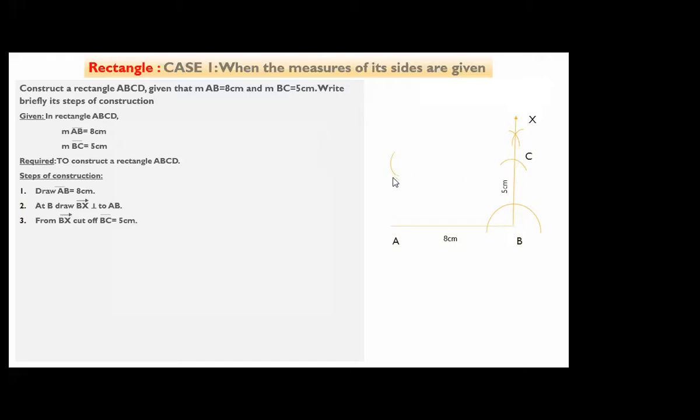So C as center with radius 8 centimeter, draw an arc. Okay, why? Because the opposite sides are congruent. Now you write down this step over there.